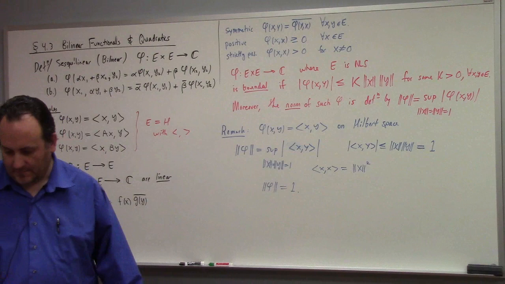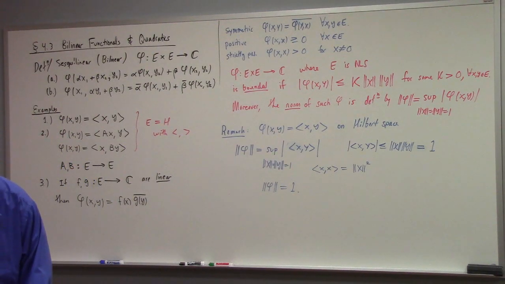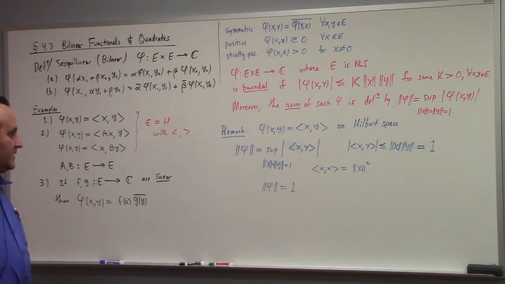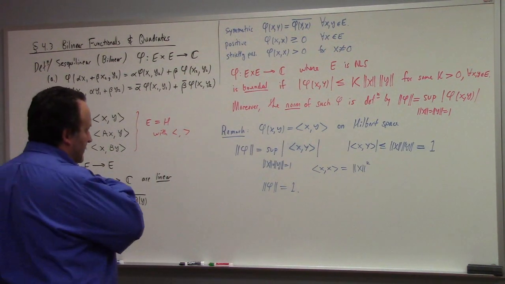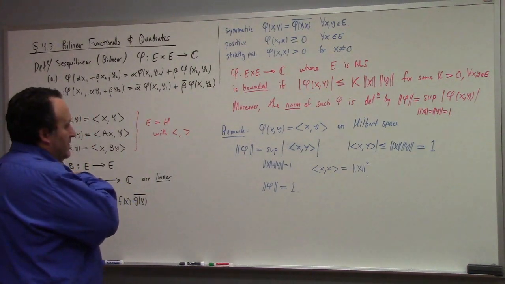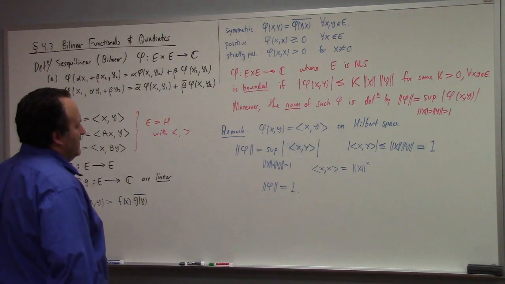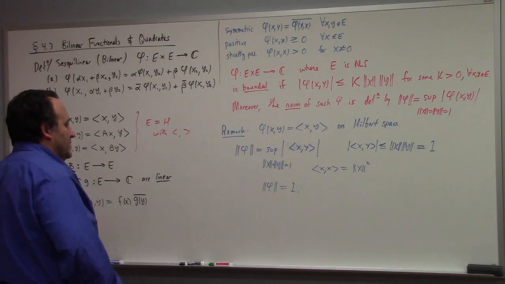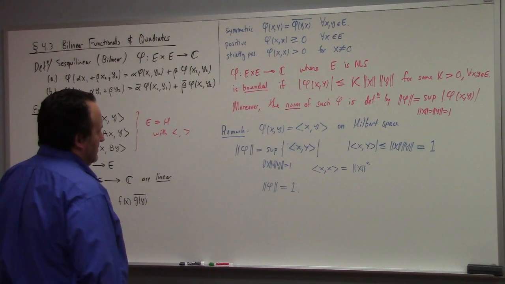Would that hold more generally in any inner product space, not just the Hilbert space? Well, are you asking if it would still be true without completeness? I don't know if completeness has anything to do with this particularly. Do we still have the Cauchy-Schwarz inequality?